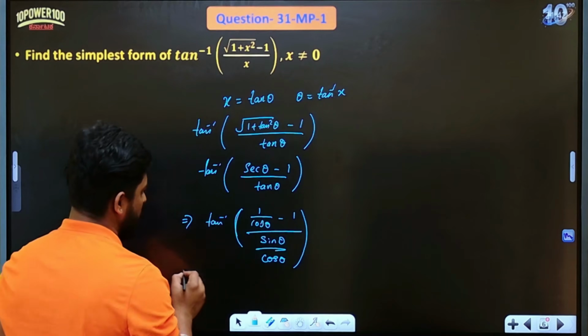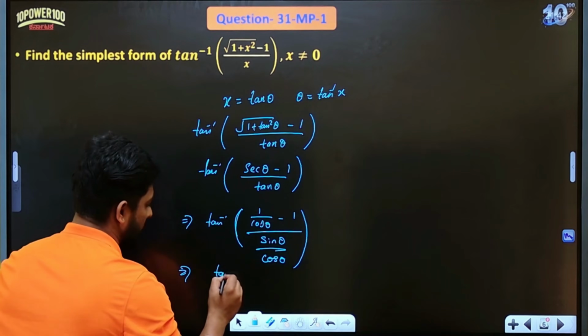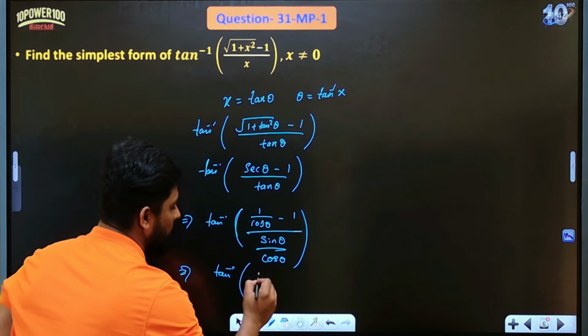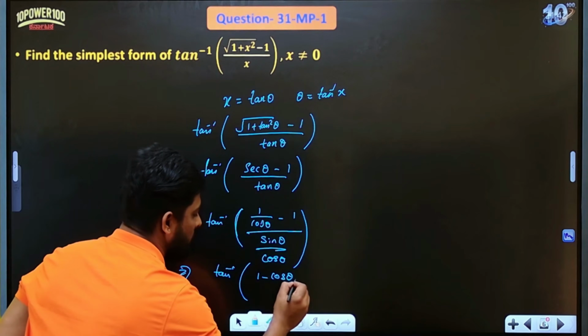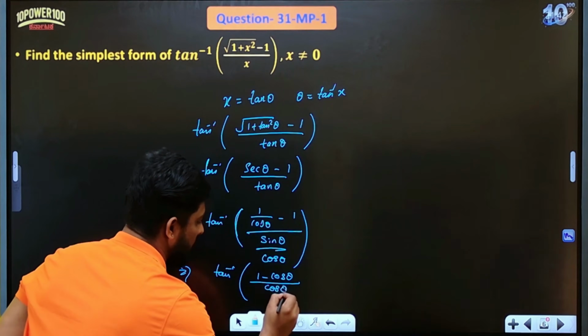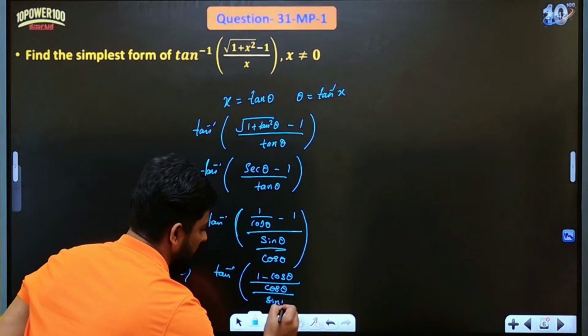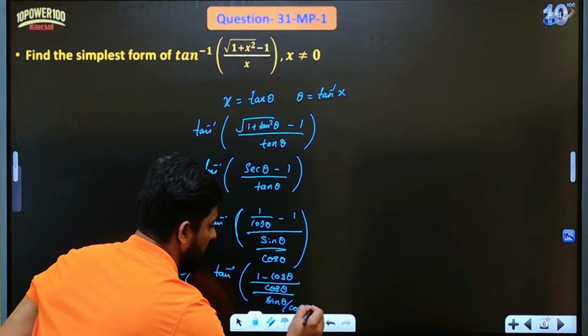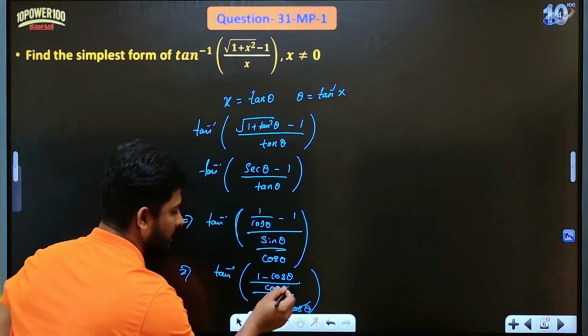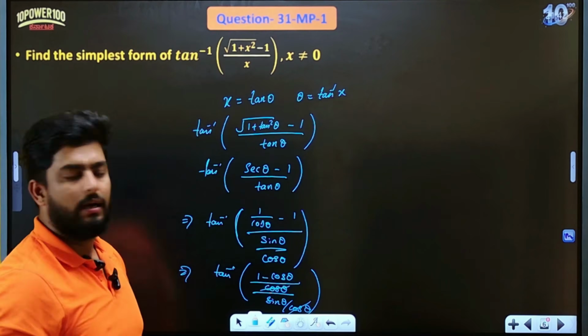Okay? So tan inverse of (1 minus cos theta) divided by cos theta, whole divided by sin theta by cos theta. In this case cos theta cancels. So what is left out?